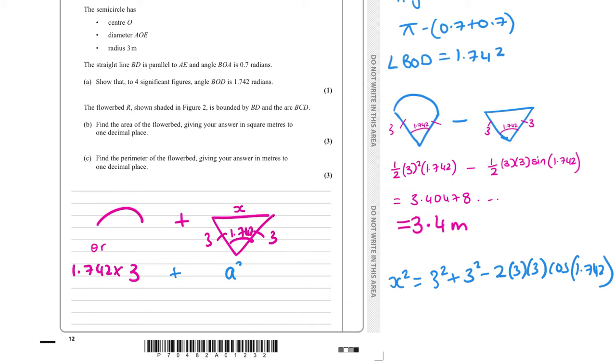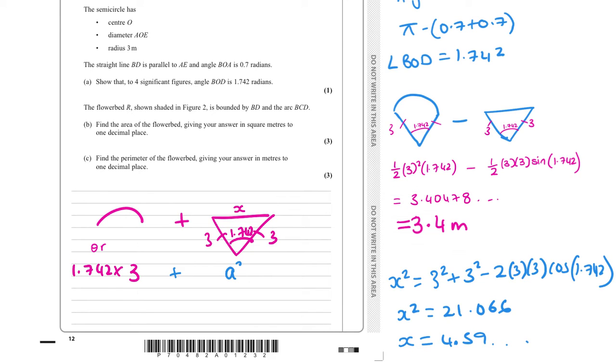So 3 squared plus 3 squared minus 2 times 3 times 3 cos of 1.742. I get like 21 point something. Square root the answer. I get x equals 4.59, right?